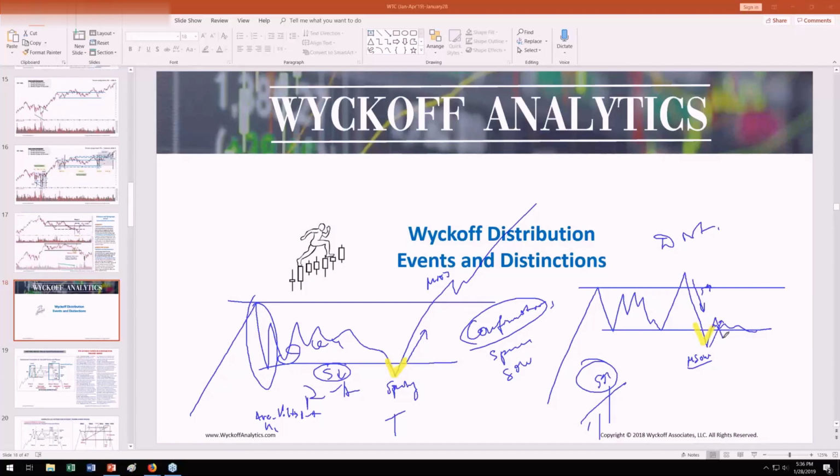The price could come back, but then it still needs to react into the resistance and then collapse. Those are two different pictures that you're going to see as a confirmation. So I would concentrate on that first because it's an easy identification, and then try to define the buyers throughout the whole structure as you go through phases A and B, which is a much, much harder task. All right.